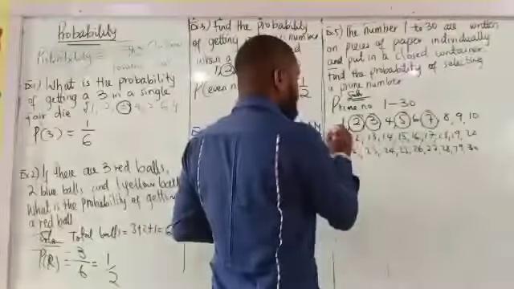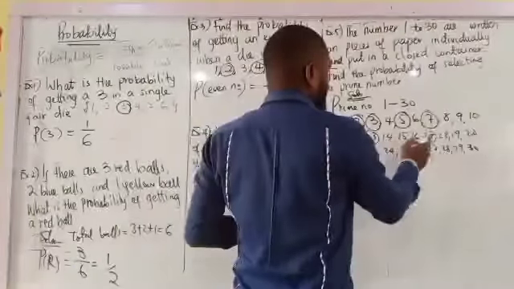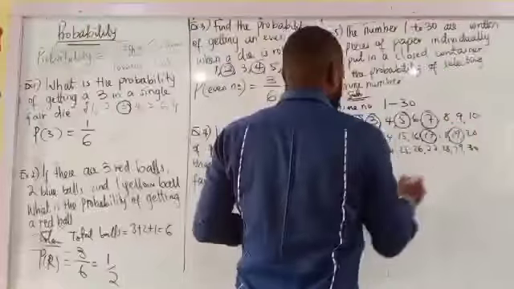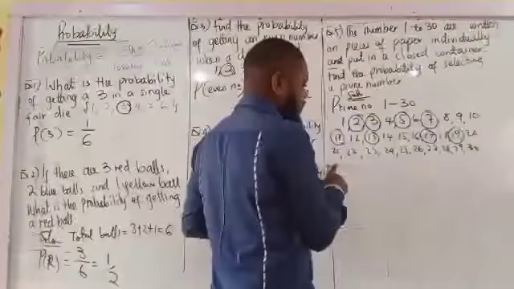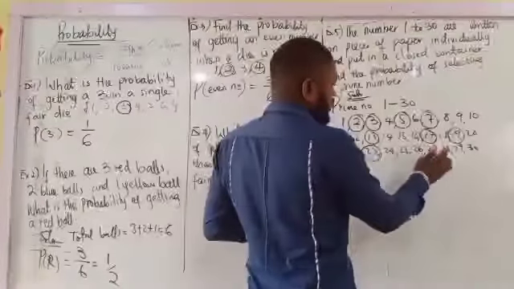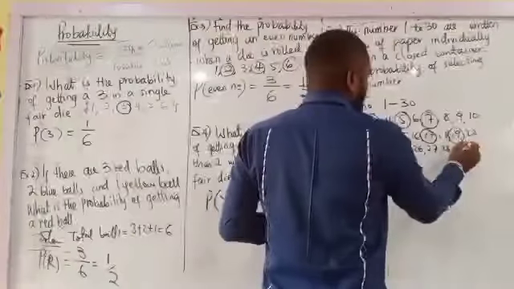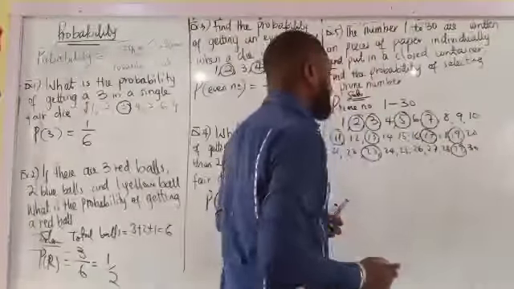So we have 11, 13, 17, 19. 21 is divisible by 7 and 3, so it's not a prime number. We have 23. 27, is it a prime number? No, it's divisible by 3 as well. And we have 29. So these are the prime numbers we have.